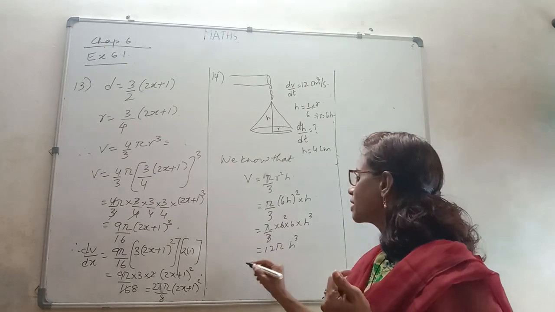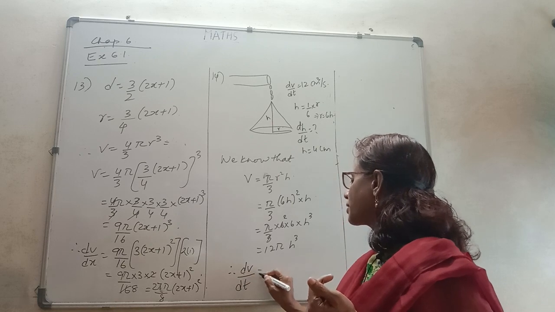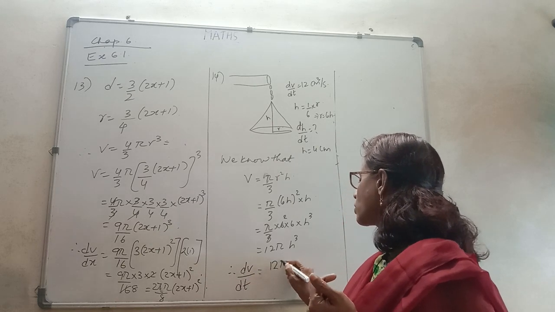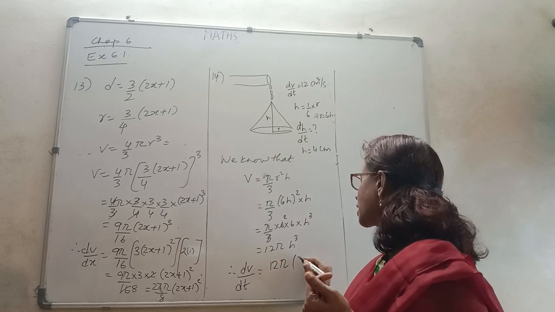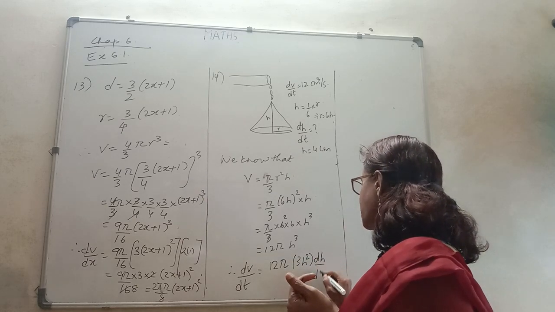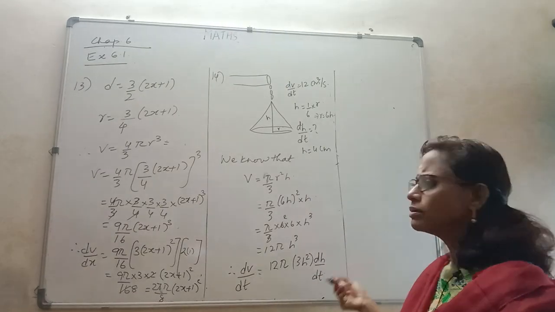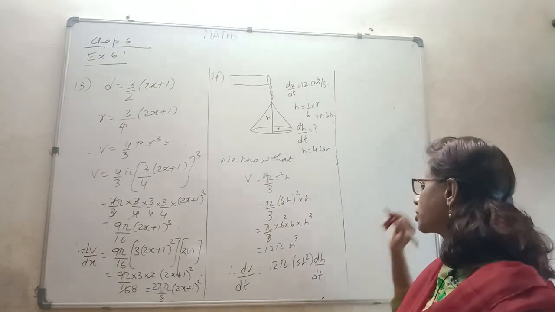Since we have to find with respect to t, let's find the derivative right away with respect to t. Here 12π is a constant. The derivative of h³ with respect to h is 3h², and because it is with respect to t, we write dh/dt. Now let's make the substitution.